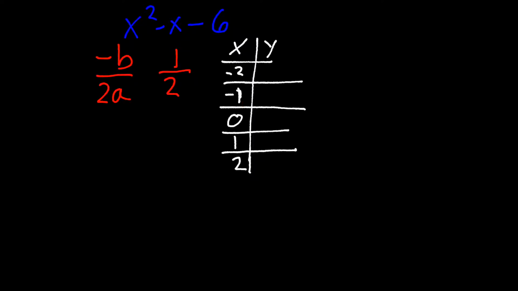So first we're going to figure out the function at 0. If I put zeros in for x, all I'm going to be left with is a -6. If I put in 1, 1 minus 1 is 0, minus 6 is -6.